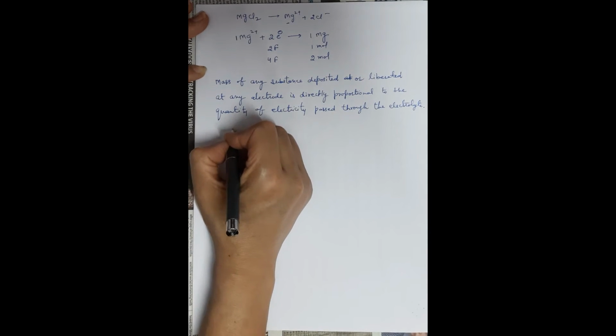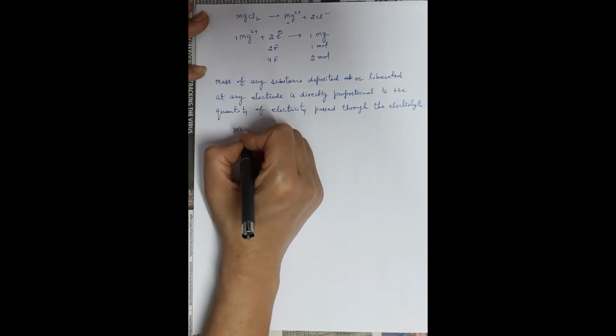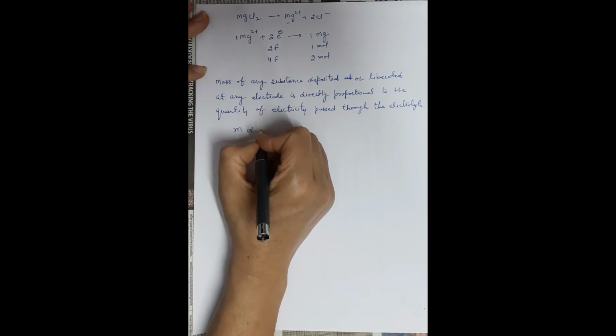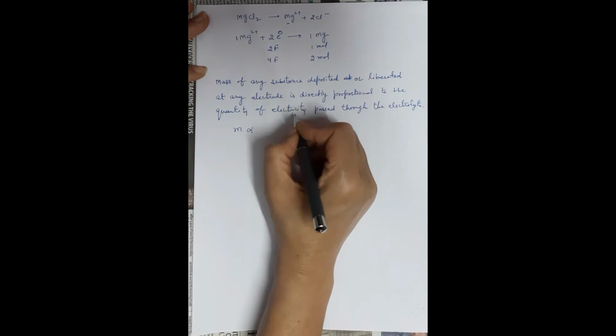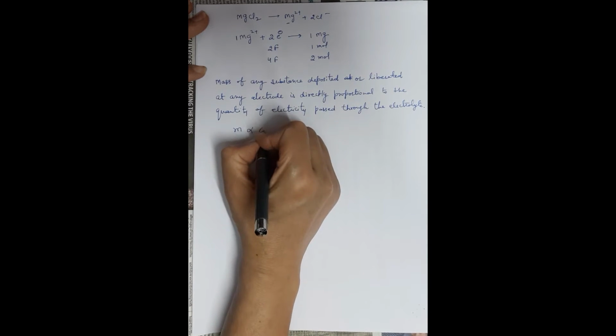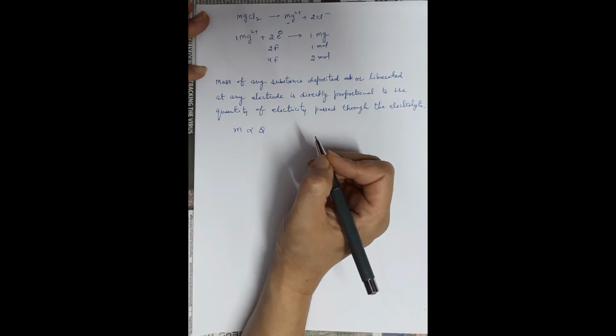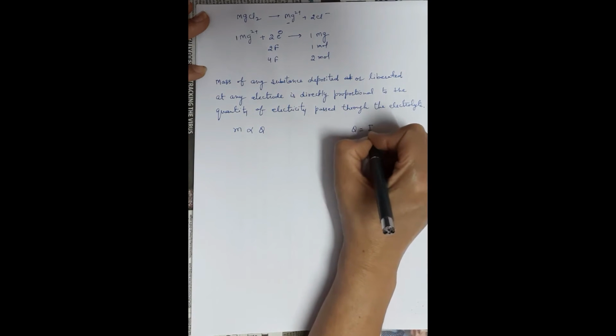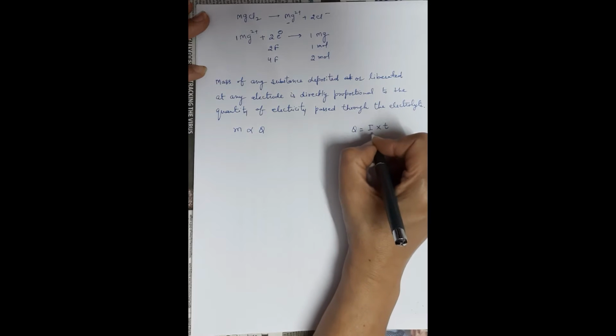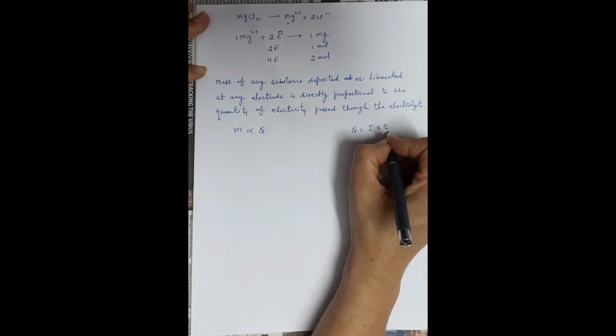So mathematically I can write down: mass is directly proportional to the quantity of electricity passed. Quantity of electricity is the charge, which is represented by Q, and you know charge is equal to I into T. I is the current, T is the time.